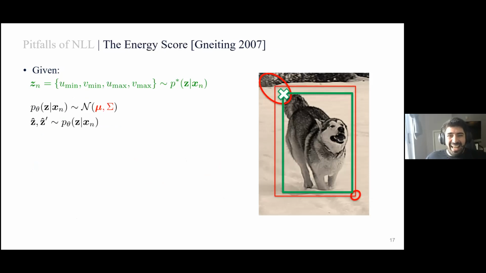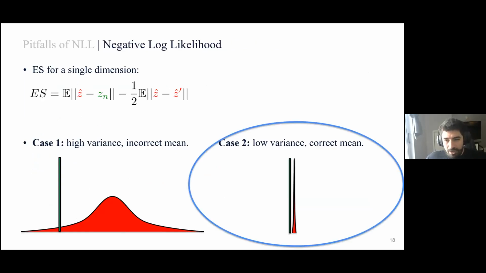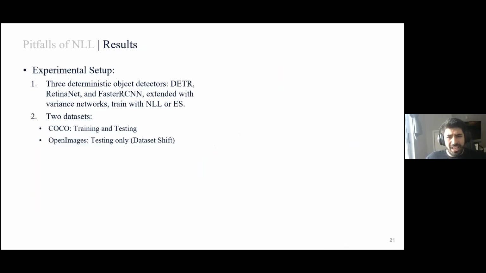But at the end, both are proper scoring rules. Both should retrieve your data generating distribution, but because of our inefficiencies during training and during inference, these have different performance.